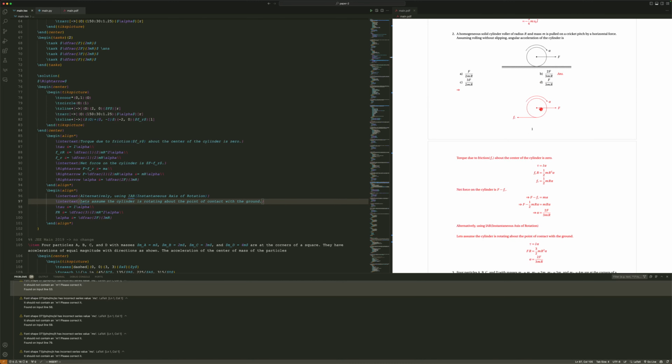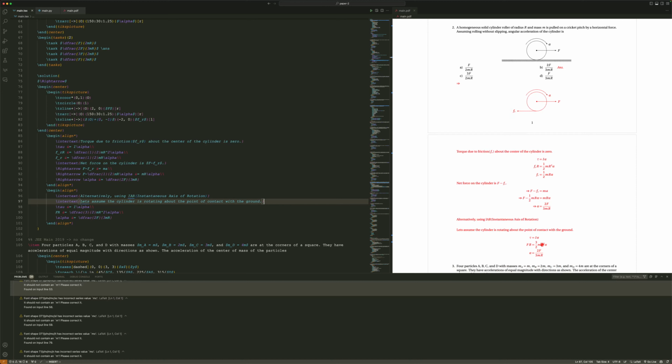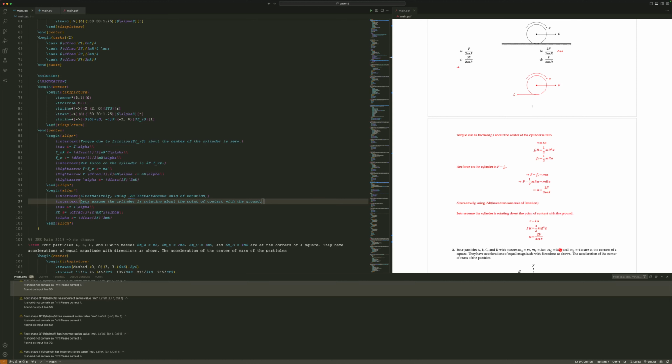About this point it's in pure rolling, so we just found the torque about this point, which is force times distance, and the torque of the friction will be 0 because friction passes through this point. Then you can apply torque is equal to I alpha. One more thing you have to take care of is the moment of inertia about this point as well. So this will be 3/2 m r square, and then alpha, and we can find the alpha.